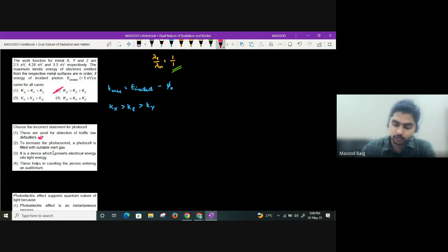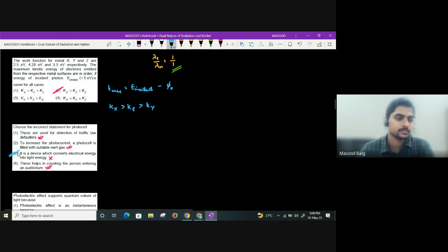To increase the photocurrent, a photocell is filled with suitable inert gas. Yes, it is also correct. It is a device which converts electrical energy into light energy. No, it converts light energy into electrical energy. This helps in counting the persons entering an auditorium. Yes. Which one will be the wrong statement here?